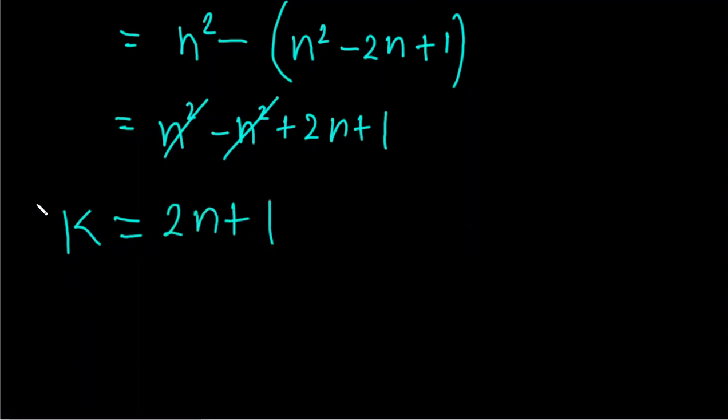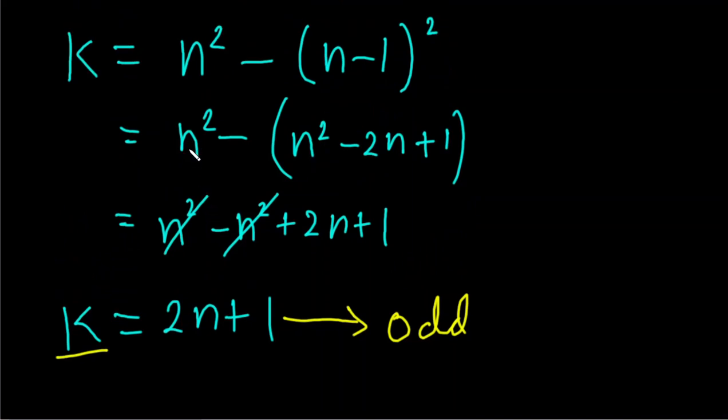minus 1. Now this may look familiar because you know that 2n plus 1 is just a representation of an odd number. So now we know that k is an odd number. We have defined k as the difference of the squares of two integers, and we've established that k is odd.